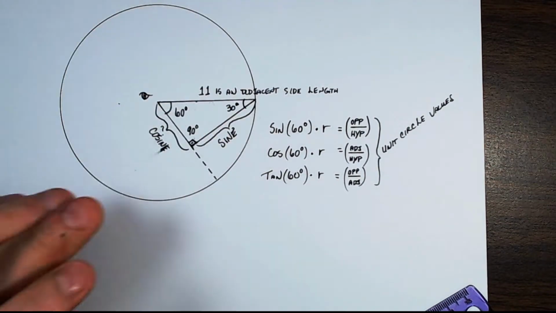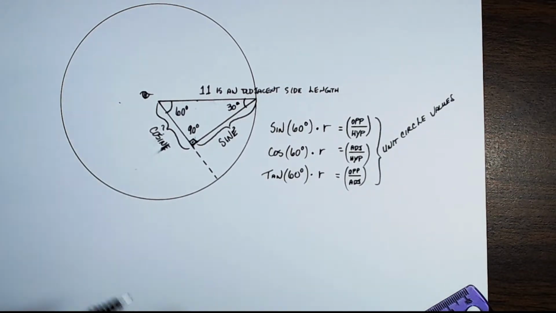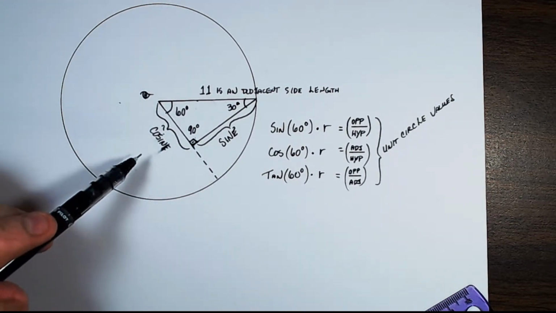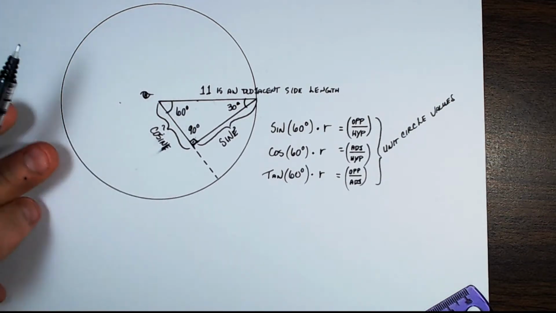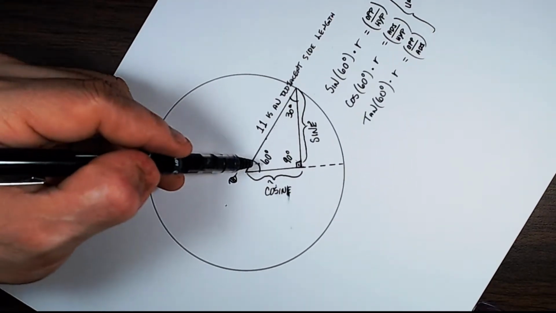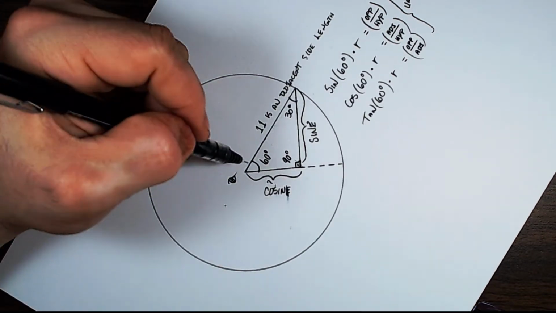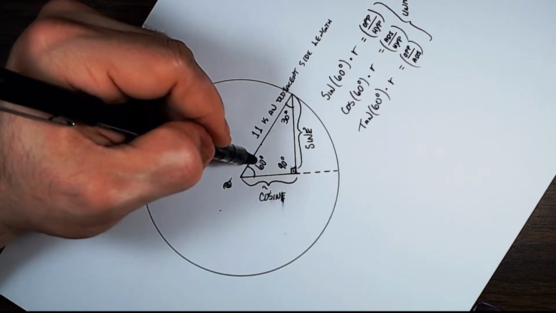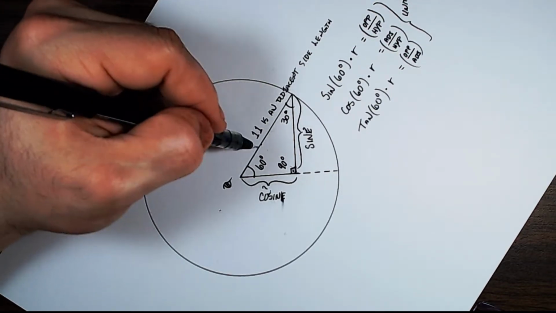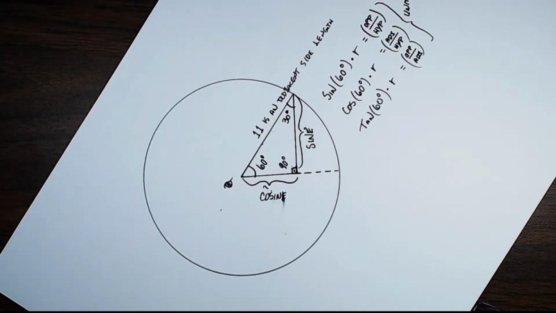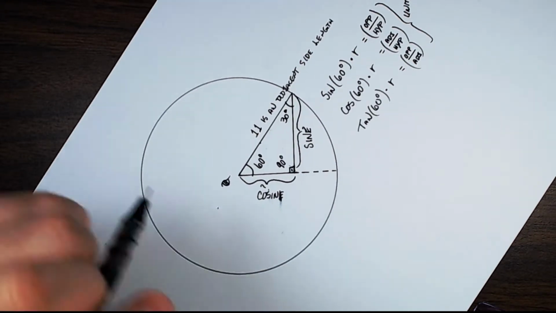So in other words, what do we do to find these missing sides? If my reference angle is 60 degrees, what do I do? Because from the vantage point of 60 degrees, 11 is not the adjacent side, that's the hypotenuse. So I think what this problem actually wants you to do is take the tangent value.